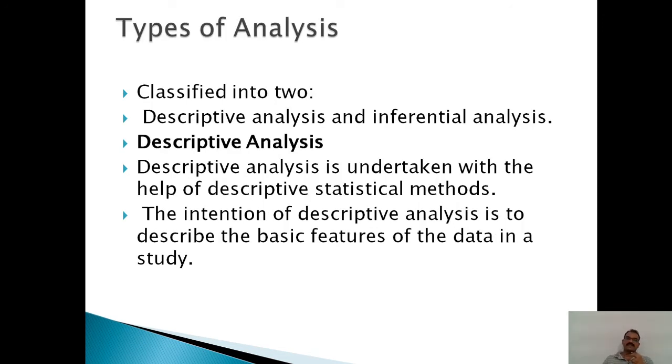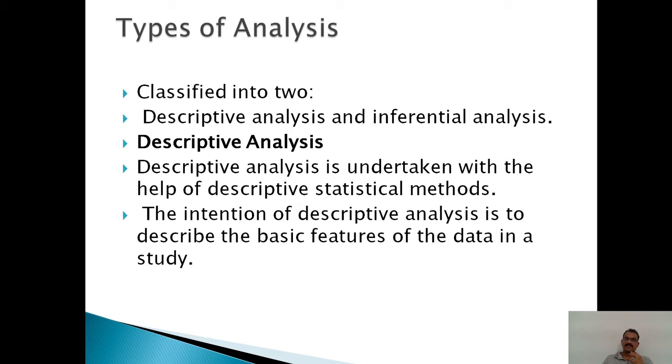Types of analysis. We can classify the analysis into two types: descriptive analysis and inferential analysis. First one, descriptive analysis. Descriptive analysis is undertaken with the help of descriptive statistical methods.